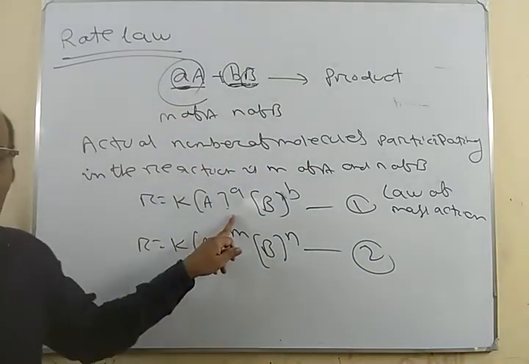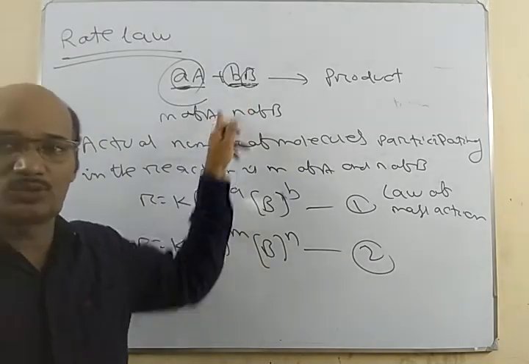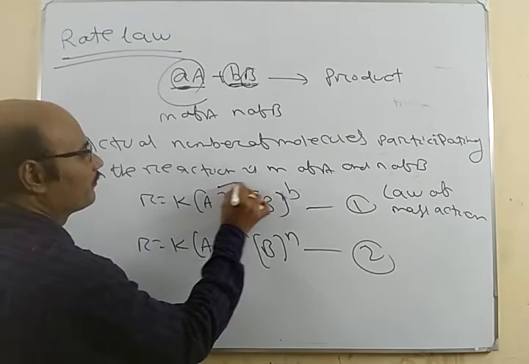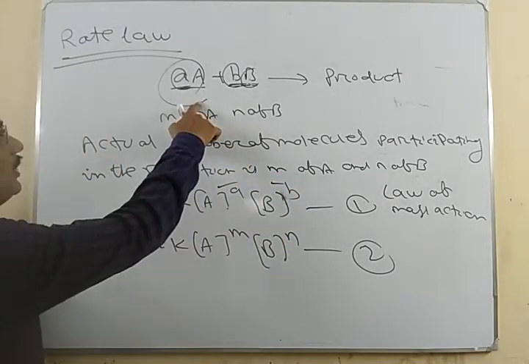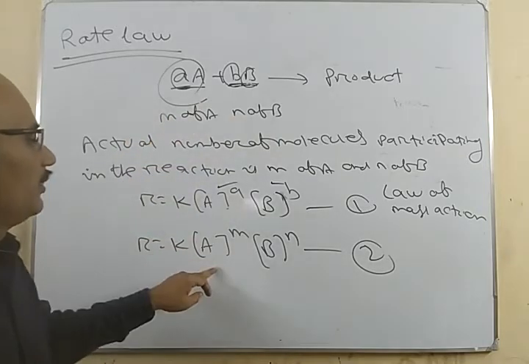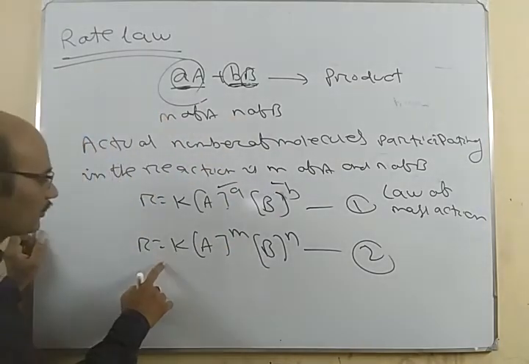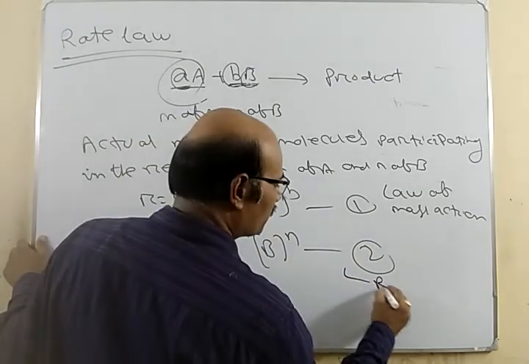So the law of mass action we are writing simply from the balanced chemical equation. Okay, A and B. But out of this A and B, actually M mole of A and N mole of B are participating, then I can write R equal to K [A]^M [B]^N. This is called the rate law.